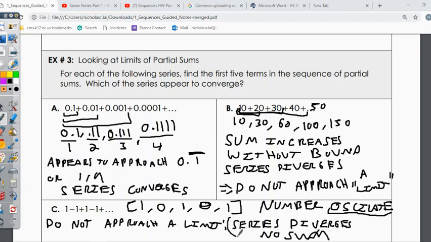So the series diverges and it has no sum. All right.